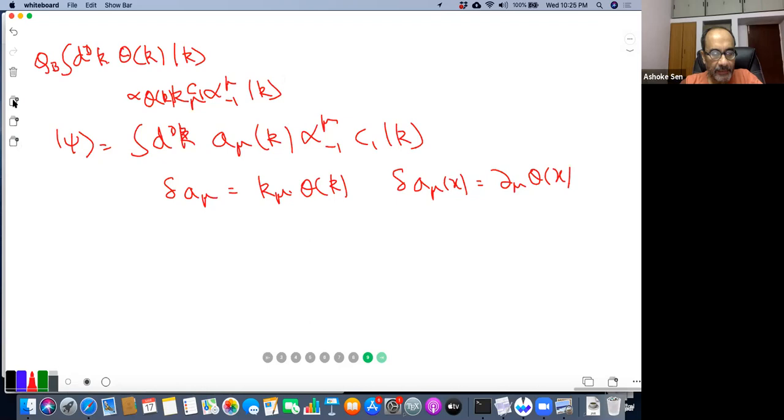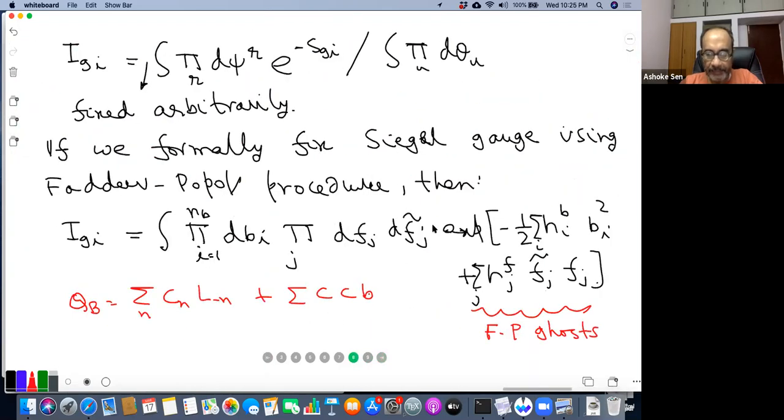Okay. So let me go back here. So I have said this. The idea is that this gauge invariant path integral, after gauge fixing, becomes this. And you can see that this quantity over here is precisely 2 pi to the power nb by 2 times e to the a.